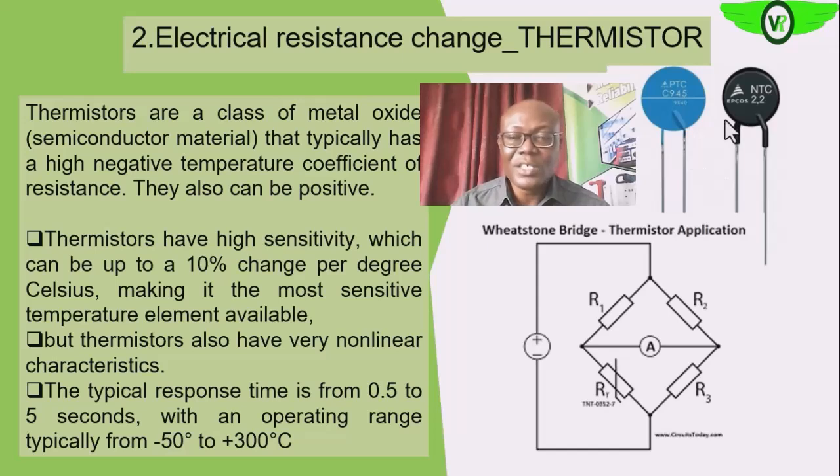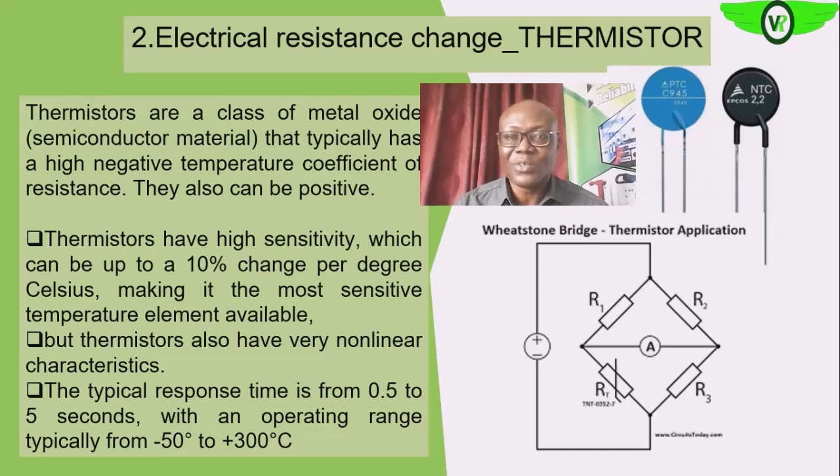The thermistors have a very short response time. That is one of their advantages, from between 0.5 to about 5 seconds. They can respond to change in temperature in that very short time. And they can operate between minus 50 degrees Celsius to about 300 degrees Celsius.